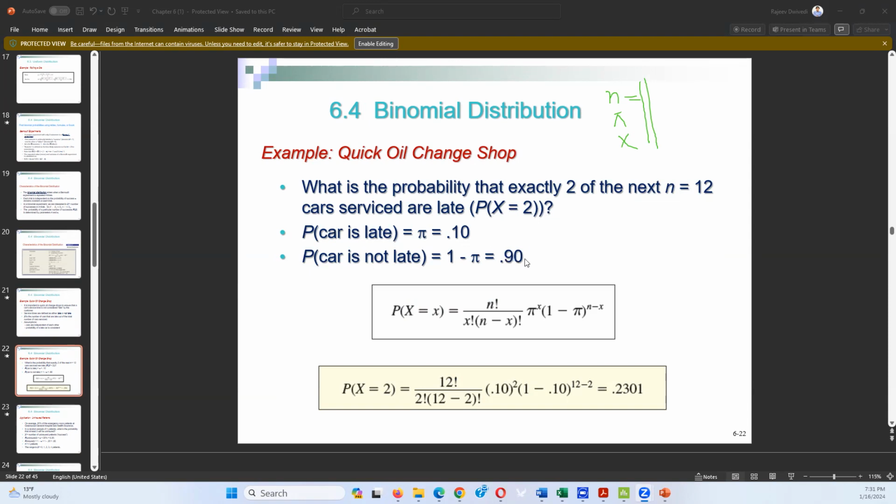Car is not late, 1 minus pi, 90%. So basically, we don't need to do this. Let me show you how we can plug in these three things: n equal to 12, pi equal to 10%, and x equal to 2.